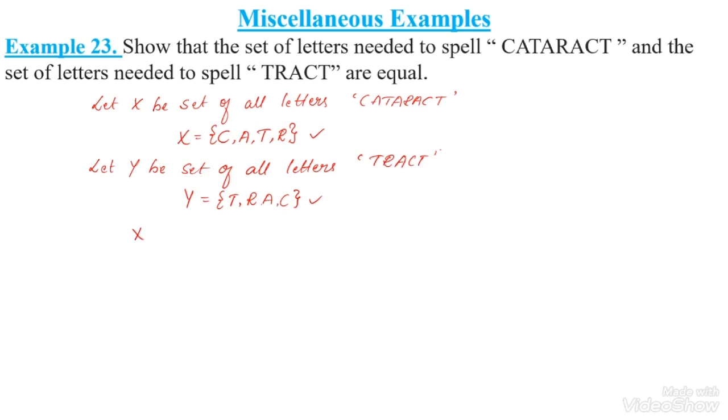Here I have considered X containing the letters C, A, T, R and Y a set containing the letters T, R, A, C. Now we check the letters: C, C, A, A, T, T, R, R. Both the sets have the same letters.